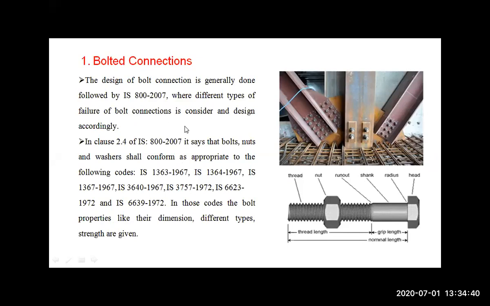Now, the design of bolted connection is generally followed by IS 800 2007. In IS 800 2007, page number 73, the design procedure, how to calculate the strength of the bolt, and all the formulas required for the connection are given.